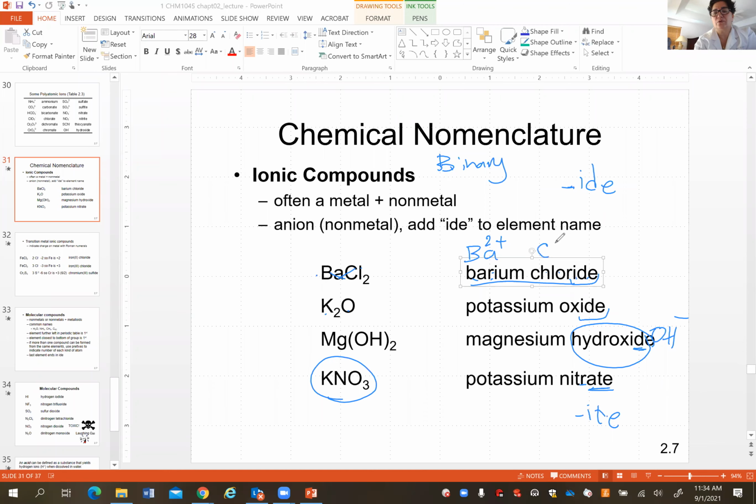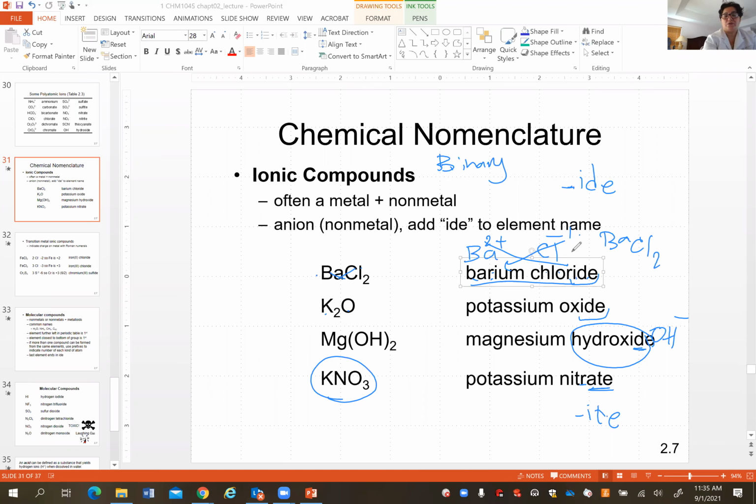The symbol is Cl, but since it's chloride, there's a charge to it, and the charge is -1. Now you can combine these two to get the formula. Use the shortcut: bring the 1 to barium and the 2 to the Cl, and say BaCl2. That gives you the formula.